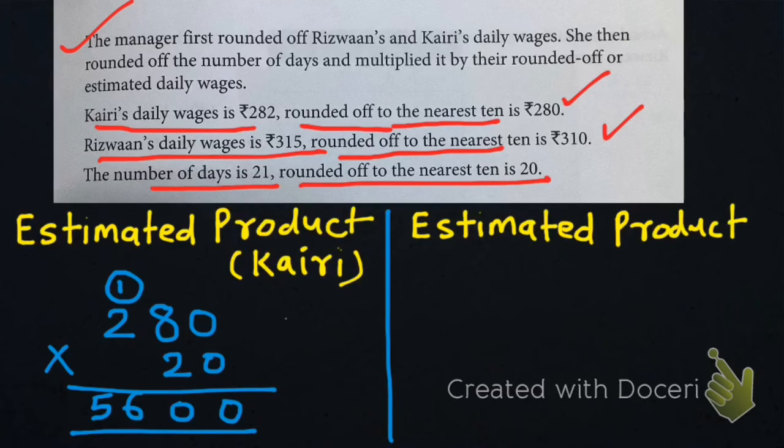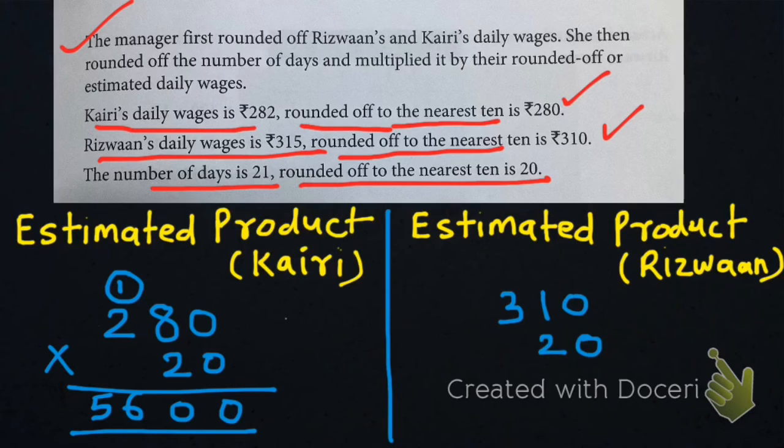Now to find the estimated product of Rizwan, she multiplied again this rounded off number, that is 300 by 20. So place 20 just below 310. How many zeros are there? Total 2 zeros. There is 1 zero in 310 and another zero is in 20.